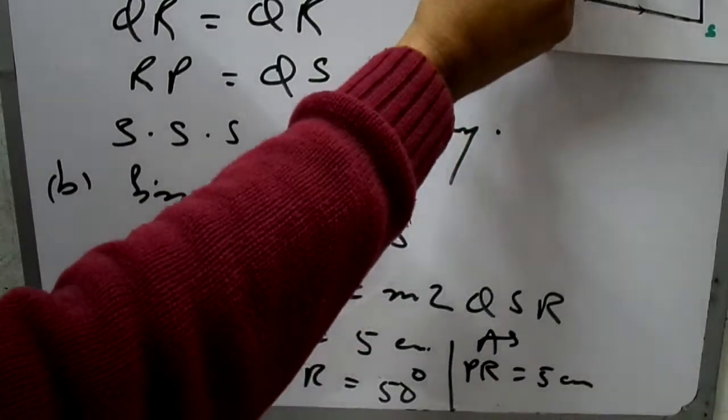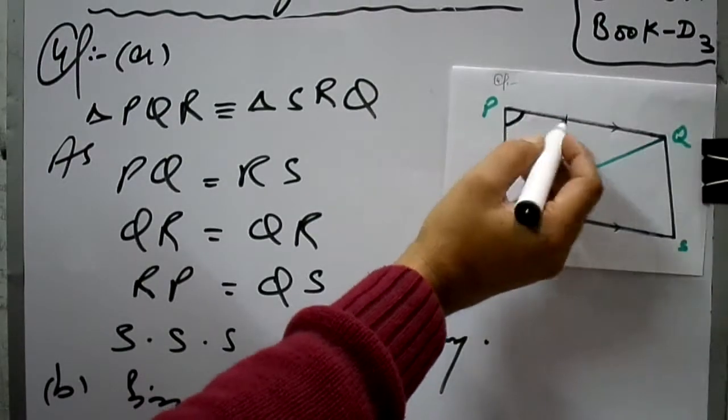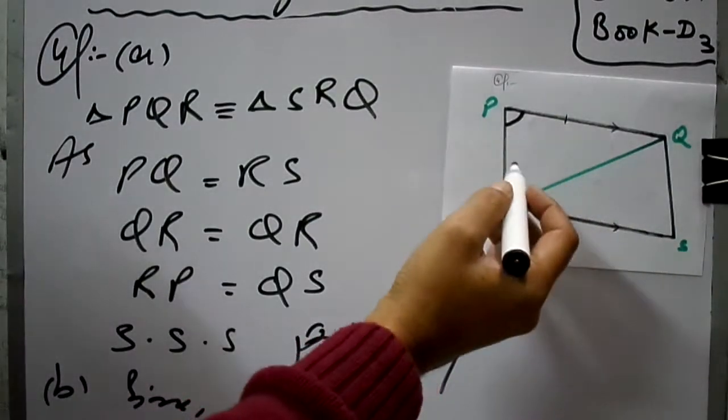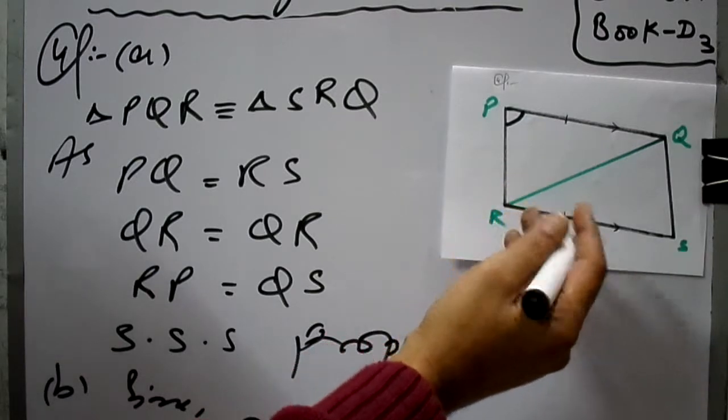This angle is your 50 degree, because both the triangles are congruent.